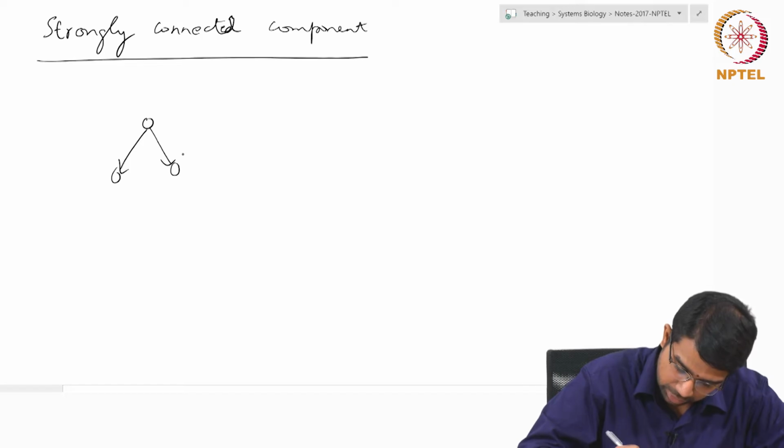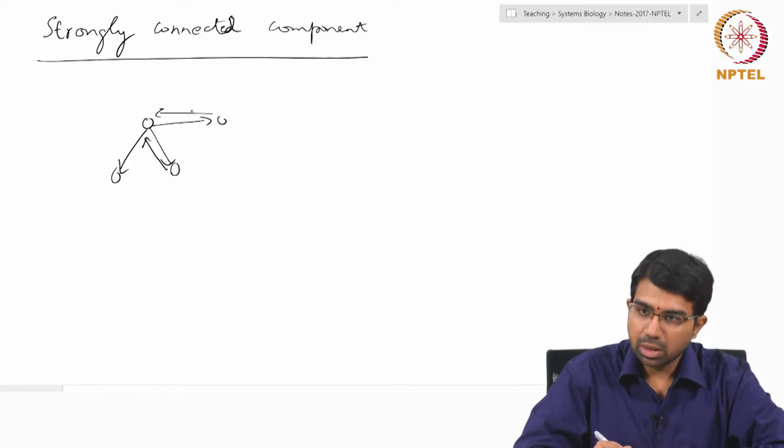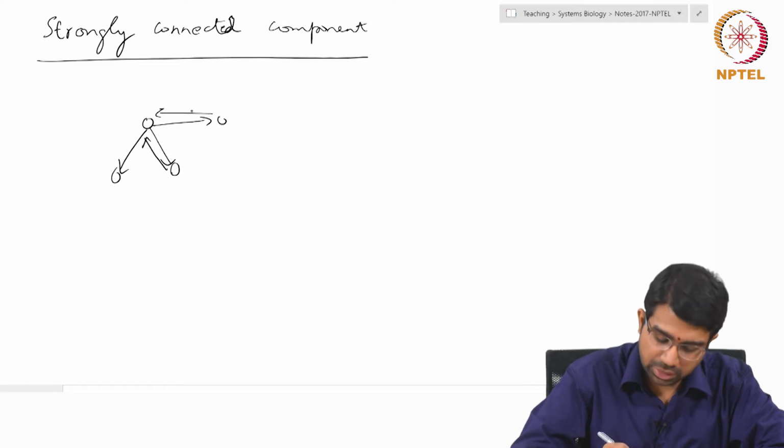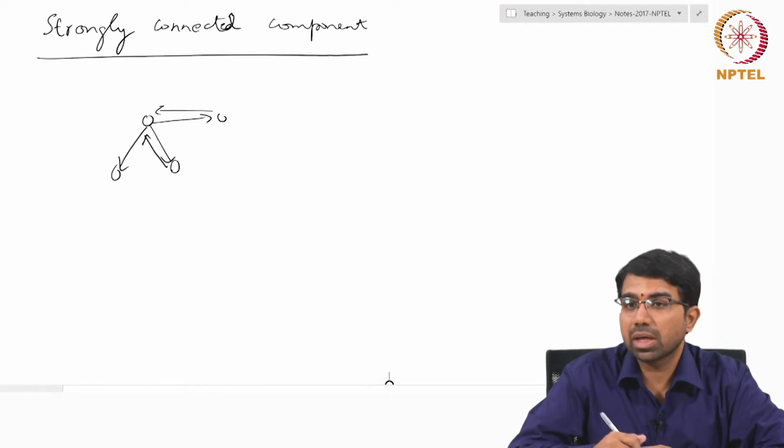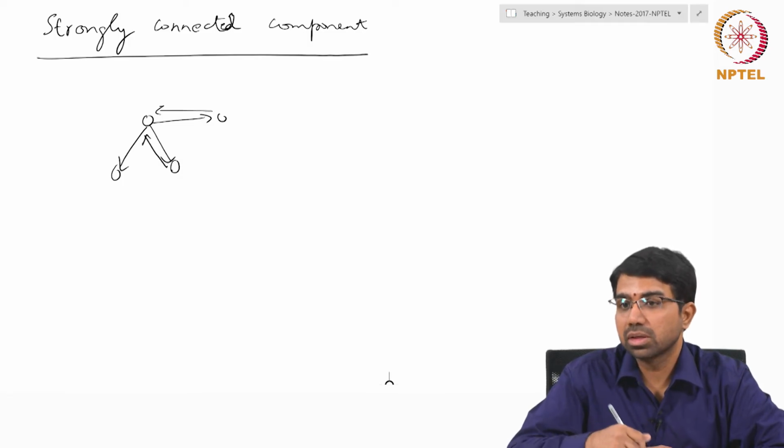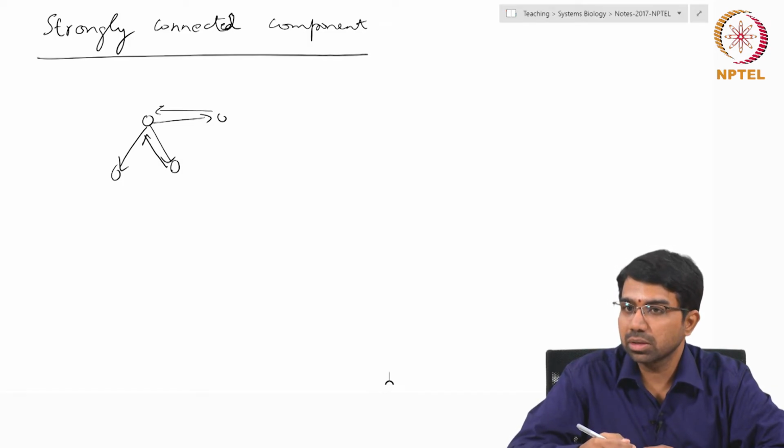This holds for a directed graph. In a directed graph, if you have a path between every pair of nodes in a component in both directions, that is a strongly connected component.